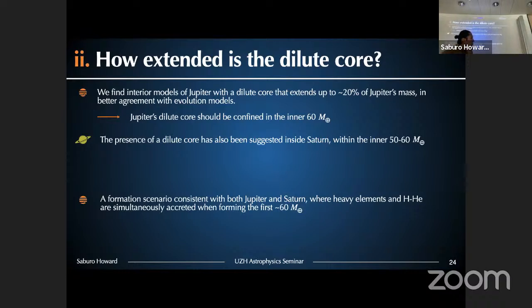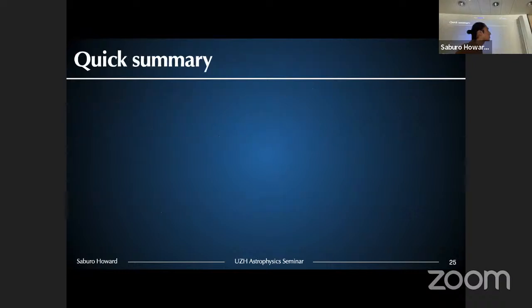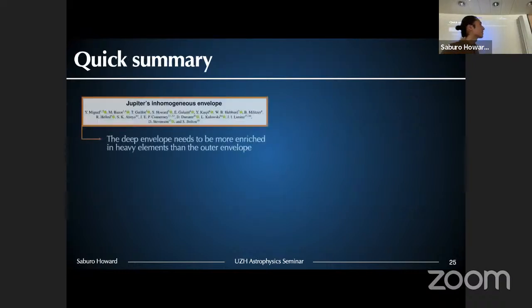But then, discussing with Ravit, I realized that maybe we should not expect the same number for both planets, as of course both planets did not form at the same location and the surface density of solids is not similar. But still, we were able to find some interior models that were more in line with those evolution calculations. So I presented you the results of two papers, actually.